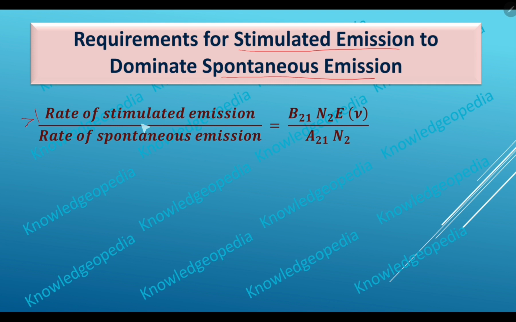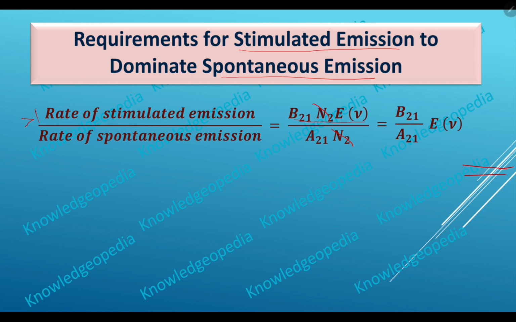So for this ratio I have just substituted these values. This is the rate of stimulated emission, that is B21 N2 E nu, and the rate of spontaneous emission is A21 N2. From here I can cancel N2 and N2. After cancelling I will get B21 by A21 times E nu.